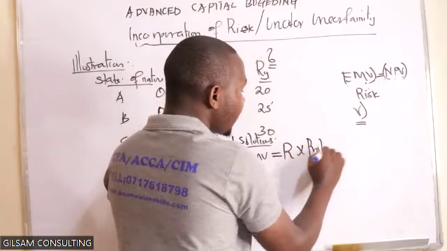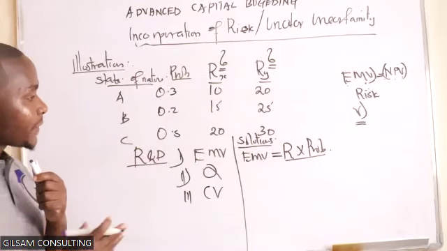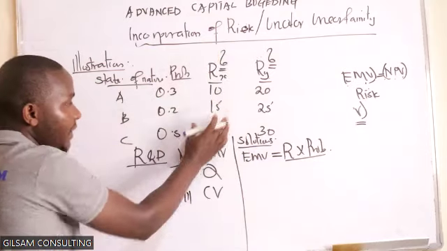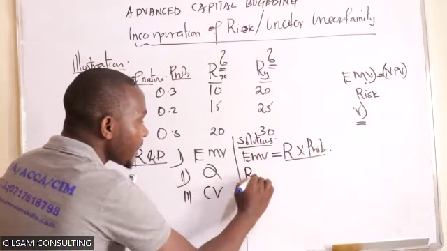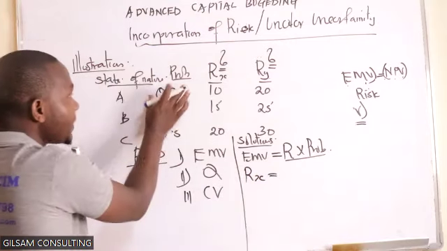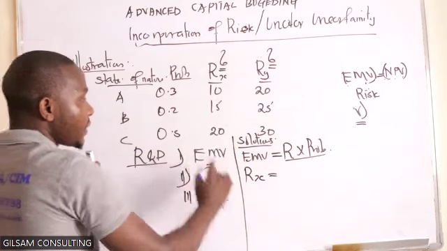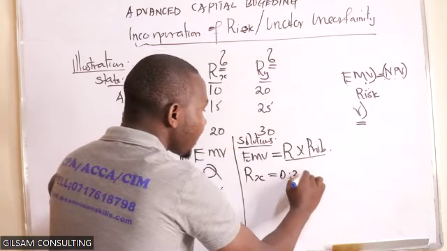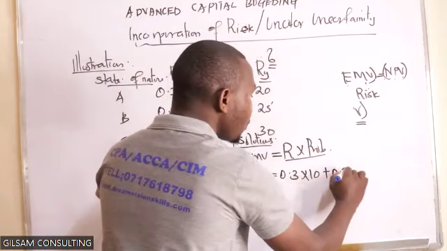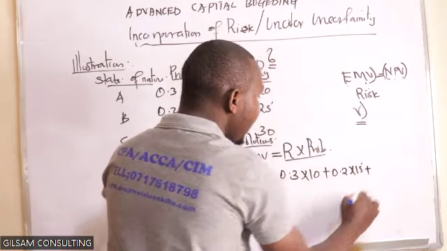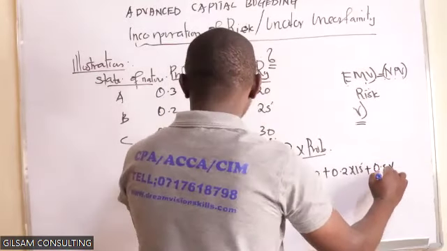So we get the return for project X and the return for project Y. For project X, we take 0.3 times 10 plus 0.2 times 15 plus 0.5 times 20.